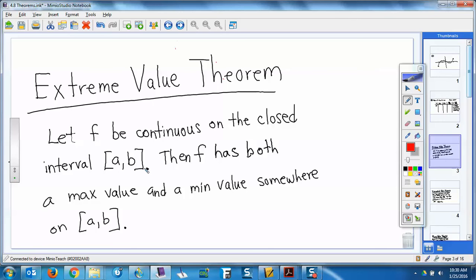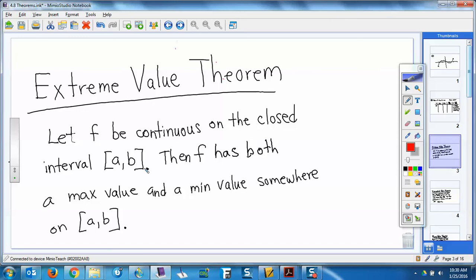If you know a function's continuous, like polynomials, that's why we do so much work with polynomials, because they're so nice. They're just smooth and no gaps or breaks or nothing weird going on. We use those a lot as early examples when we do derivatives, because they just are so nice. So if you know a function is continuous and you have a closed interval, then you know there's both a max and a min value.